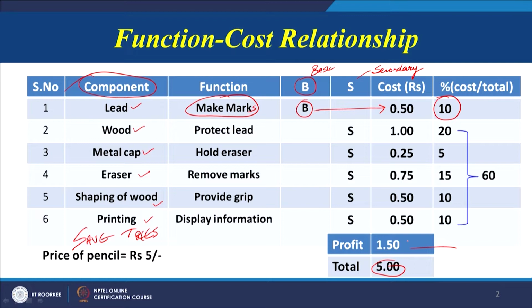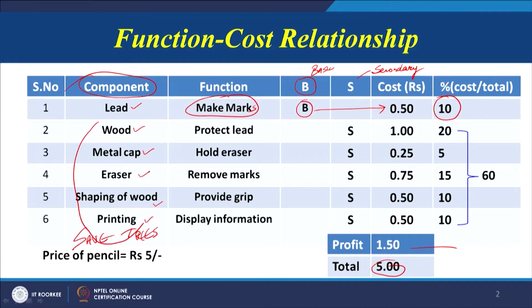So the basic purpose for which the pencil is being used, that is making marks or spreading lead, is being achieved by 10% of the overall cost only. All the other functions or components are secondary in nature. We can see these are the secondary functions. Secondary functions are required for ensuring that the basic function is achieved.